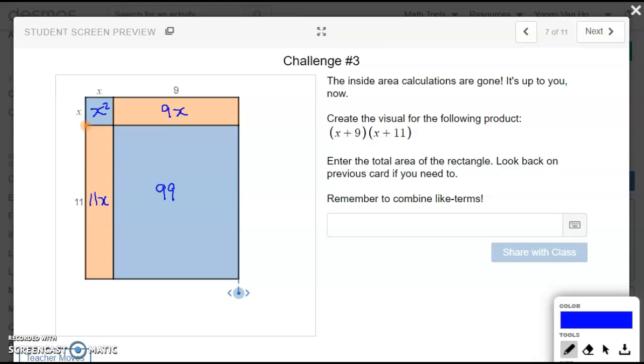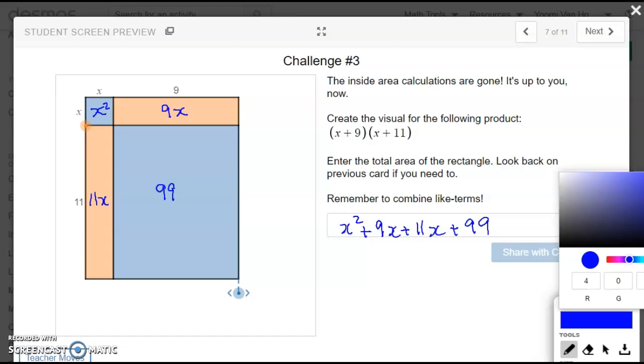Okay, so then we just need to enter the total area of the rectangle. Look back on the previous card if you need to. Remember to combine like terms. So far we have x squared plus 9x plus 11x plus 99. Now do you see any like terms here?